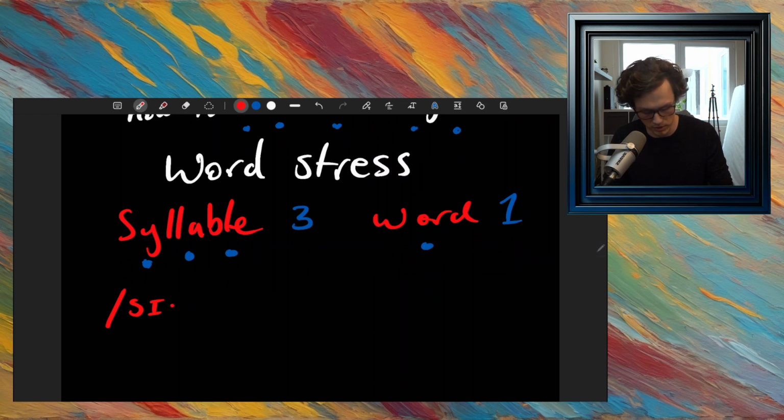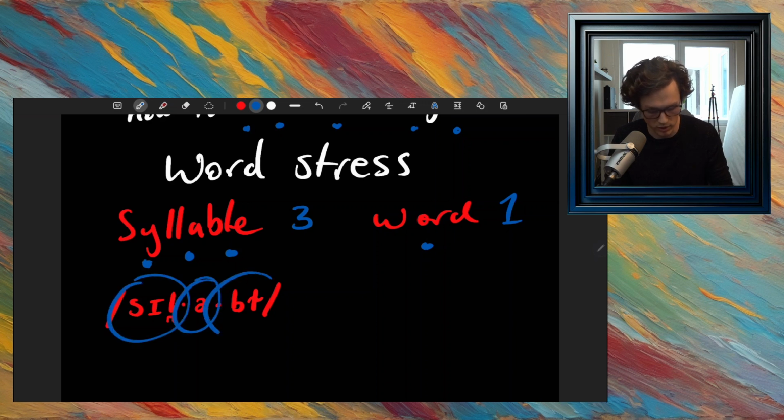It'd be sil, with a dark L there, which is a schwa, bull, and then this is the last syllable. So you might see that in a dictionary. There's a lot of different ways to write these, but what you're looking for is these 3 different chunks.